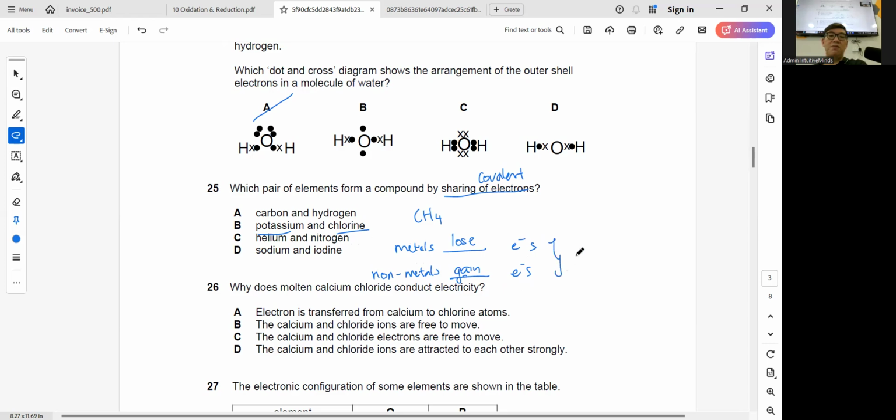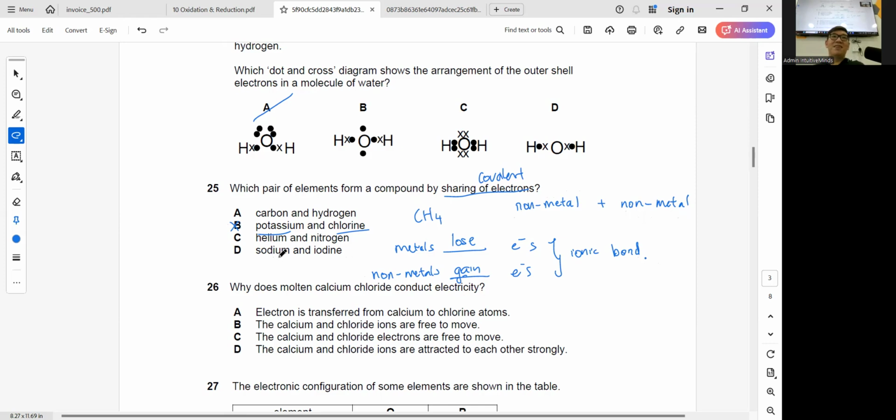So the combination of these will give you ionic bonds, which is not sharing. So B is not correct. You need a combination of non-metals and non-metals for covalent bonding. Covalent bonding is when you have a non-metal bonding with a non-metal, which makes A possible.